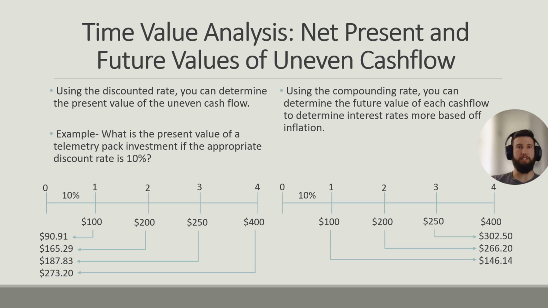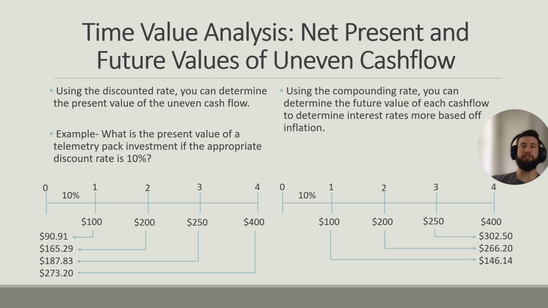So each year from 0 to 4, you can see that $100 in cash flow year 1 generates $90. Cash flow 2 out of $200 generated is $165. Year 3, 250 generates 187, and then year 4, 400 generates 273.